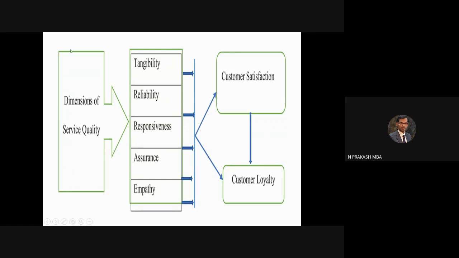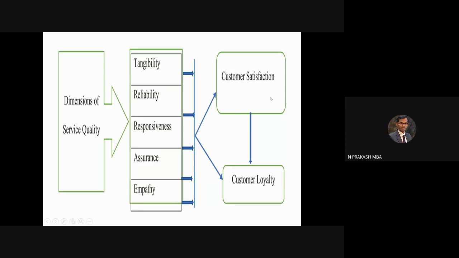Then we also want to assess how these dimensions of service quality will impact customer loyalty. So here we can find the relationship between service quality dimensions and customer satisfaction, and the second one is service quality dimensions and customer loyalty.